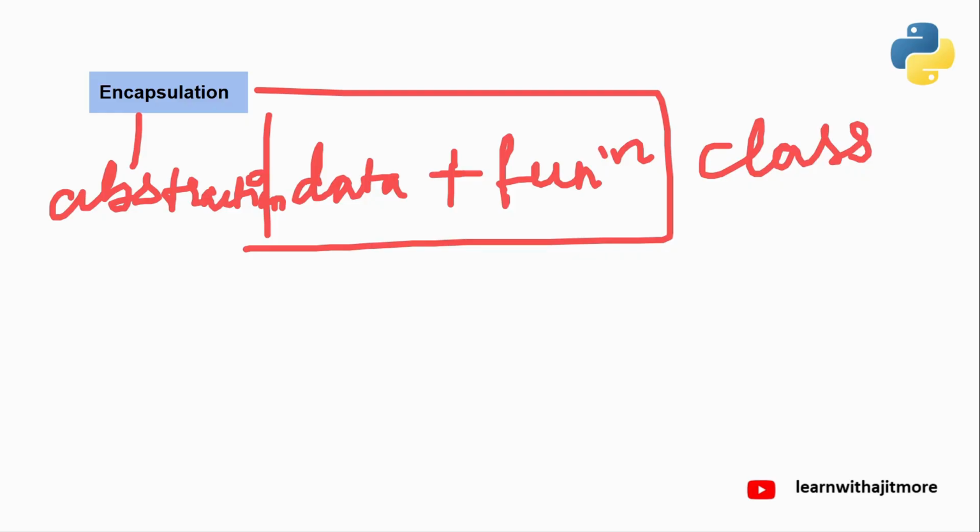The other things are kept hidden. Here also, we are trying to keep this data hidden. We are not making it directly available to the outside world. This data will be available only within the function. As this data is not made available outside the class directly, it is only accessible within the function, we'll say this data is abstract.